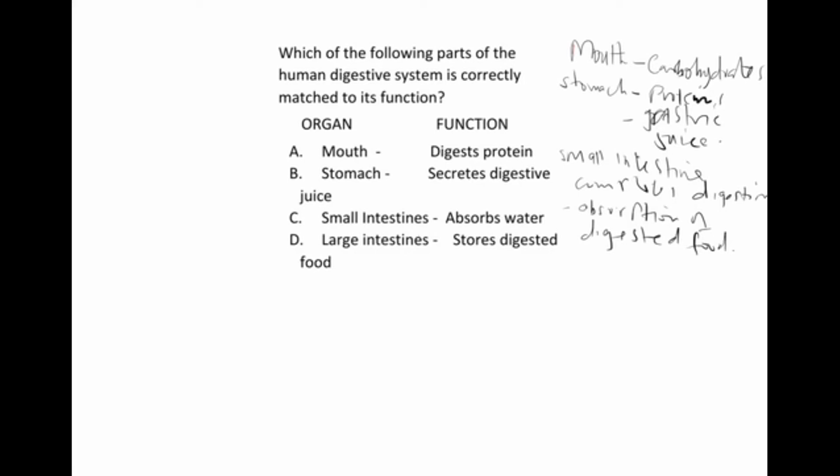Then we have another part called the large intestine. In this part, water and dissolved mineral salts are absorbed into the bloodstream.